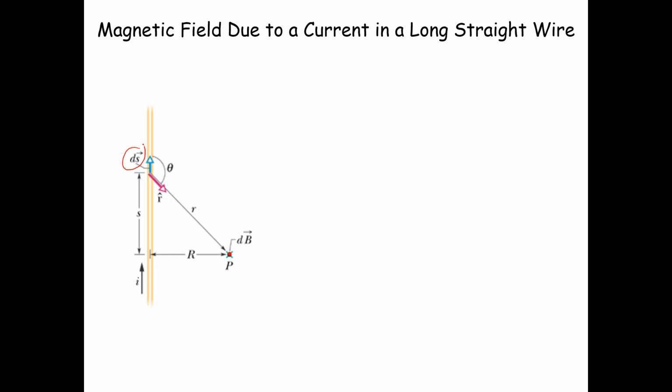By using ds and then integrating, we can get the total magnetic field. We can see that later.